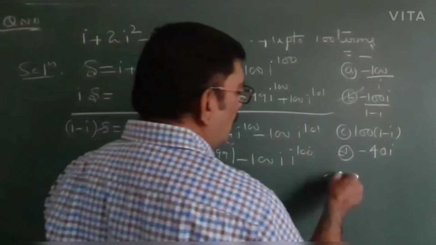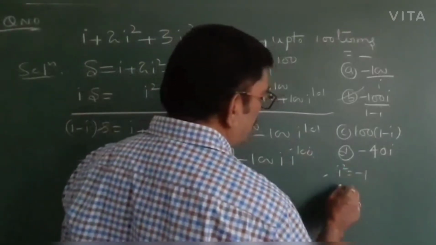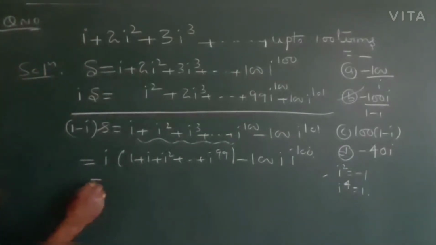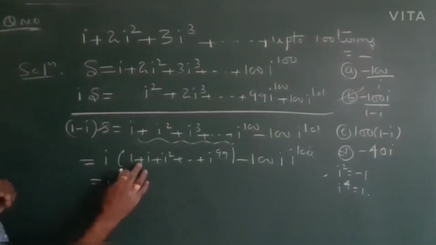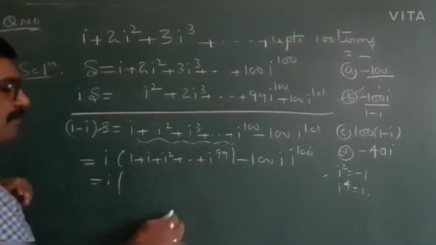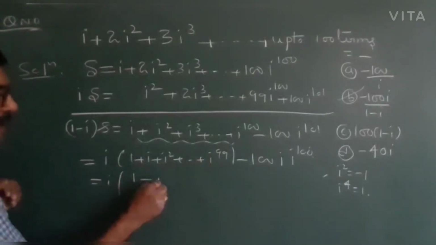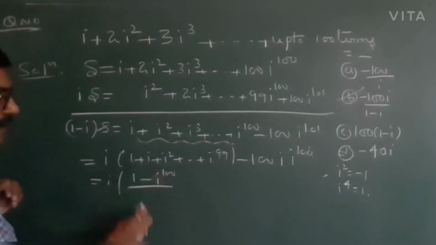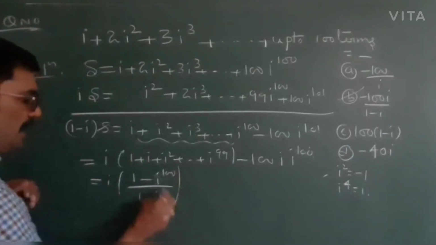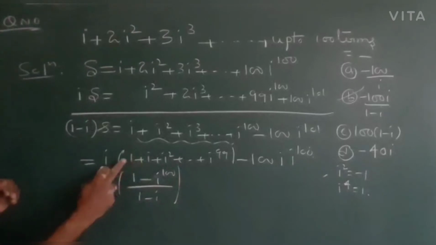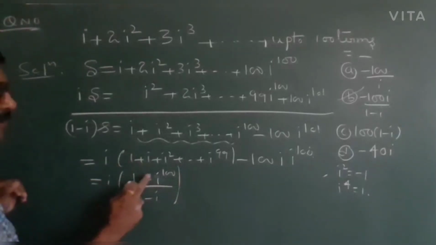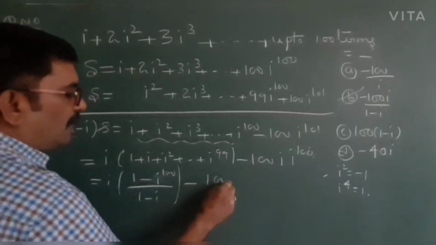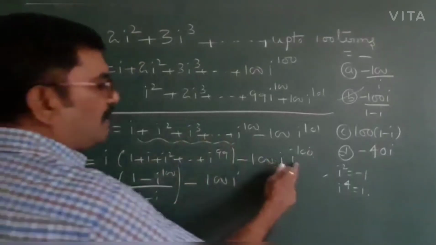But you know, i square is equal to minus 1 and i power 4 is equal to 1, correct? So this becomes i into a into (1 minus r power n) by (1 minus r), that is (1 minus i power 100) upon (1 minus i), minus 100 into i power 101.